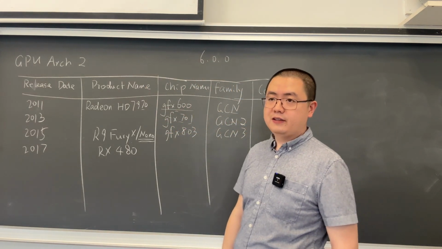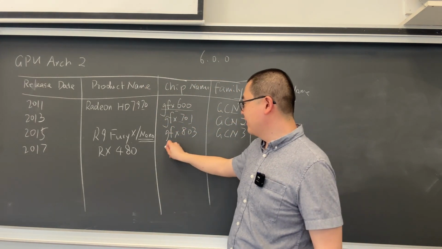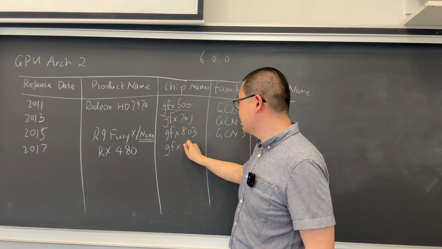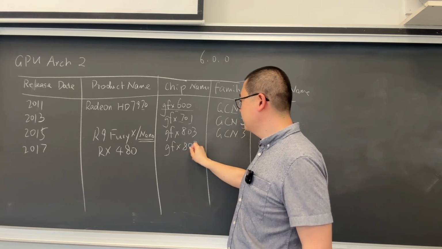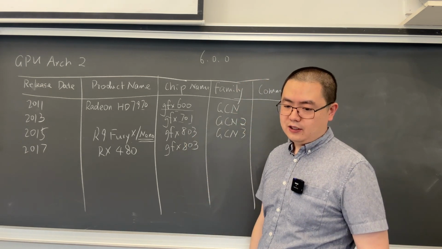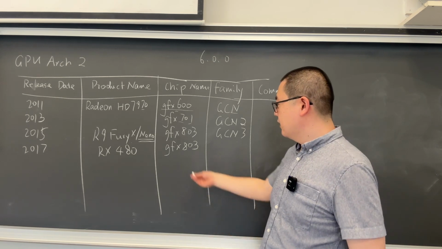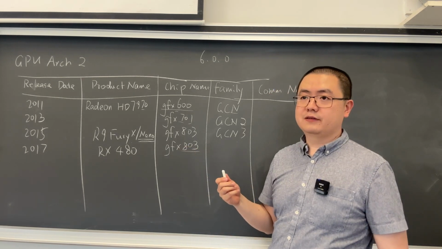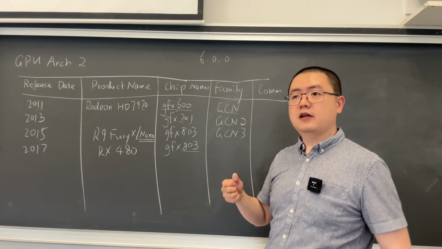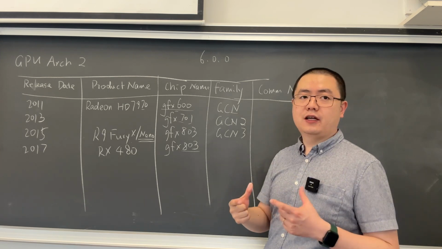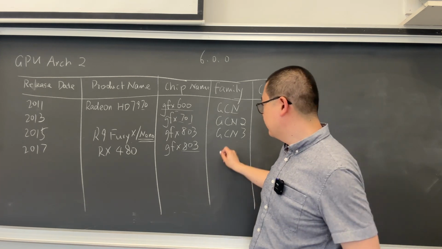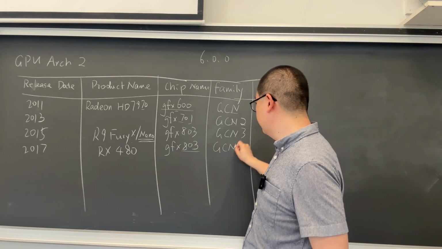So what's the chip generation by that time? And interestingly, it is GFX 803. That's basically saying it's roughly the same chip, but it's packaged in another product, and they call it GCN3, GCN4.